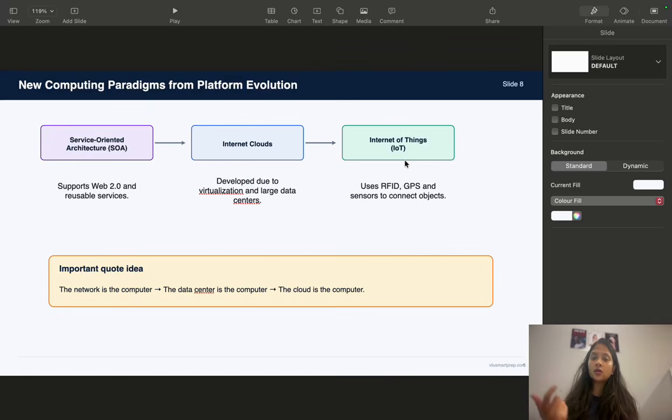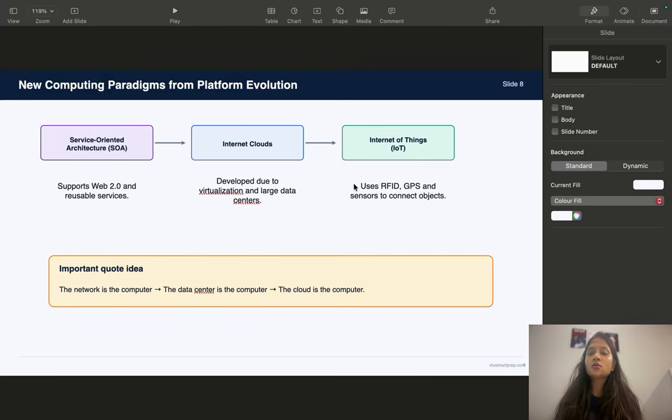You can give a real time explanation of how it is connected and how it tracks the location. Those real world examples you can mention for IoT, and how sensors are used in real world problems. So IoT uses technologies like GPS and sensors to connect real world objects to the internet.